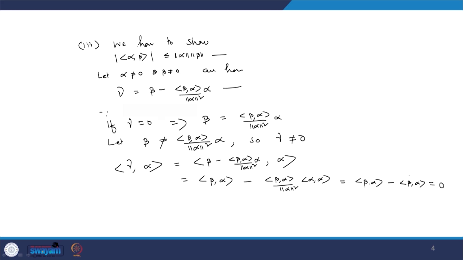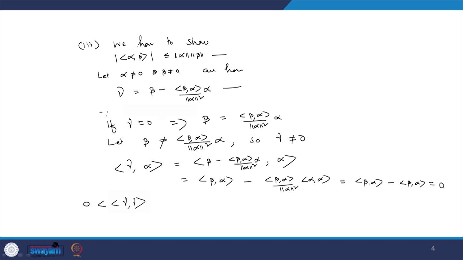So this implies that we have considered a vector gamma such that the inner product of gamma and alpha equals 0. We have 0 strictly less than the inner product of gamma gamma, because I have considered gamma not equal to 0. So this means the inner product of gamma gamma is strictly greater than 0.